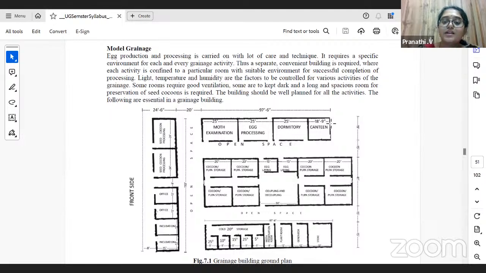Especially good ventilation should be there, and you should be able to control the light, temperature, humidity, and various other factors so that all of this is under control. And then good ventilation should be there. Of course, you have to use dark spacious rooms for cocoons to be preserved, and the building should be well planned for all of these activities as such.